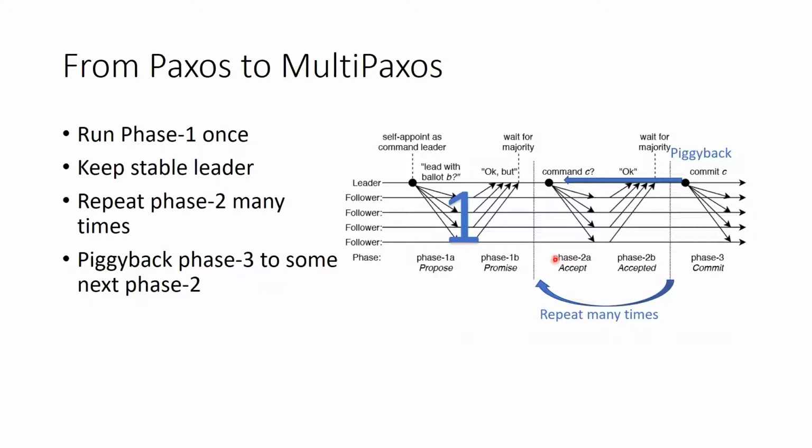We run phase 1 leader election only once, and we keep this leader for as long as we can. As long as this leader is alive, we can keep using it for multiple commands. So we can repeat phase 2 many times. And finally, phase 3, the commit message to tell the replicas to apply the command to the state machine, can be piggybacked on some next phase 2 message.